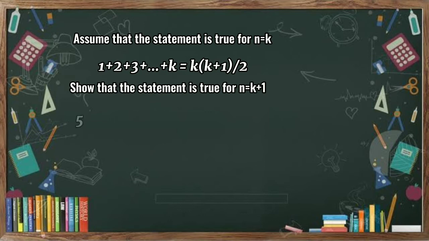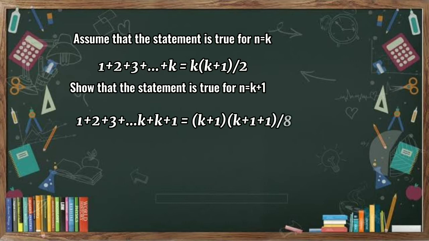So we have 1 plus 2 plus 3 up to k, and then we will add one more term, plus k plus 1, is equal to, since we will replace the n with k plus 1, k plus 1 multiplied by k plus 1 plus 1 over 2. As you notice, this part is the same as here.